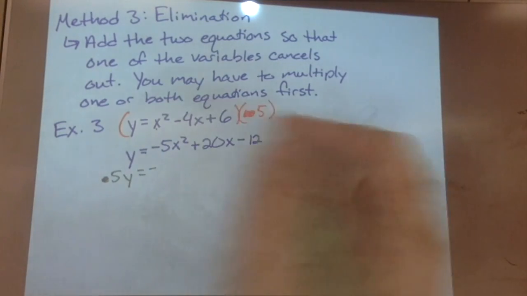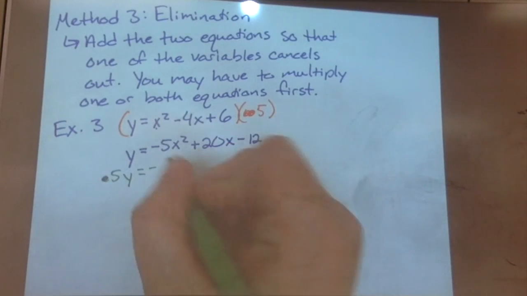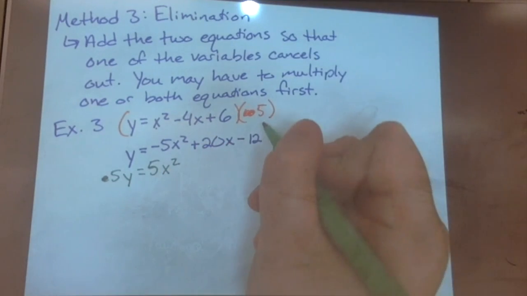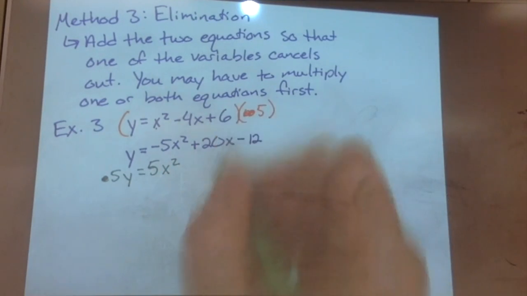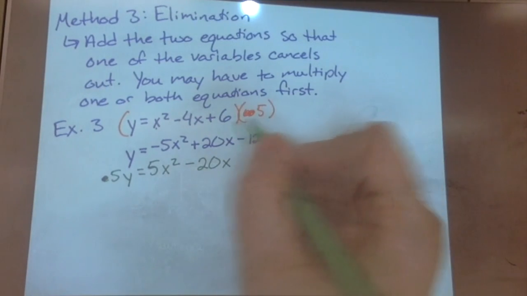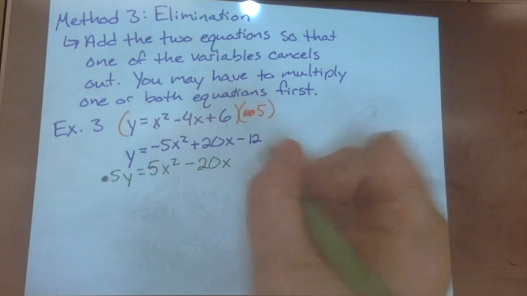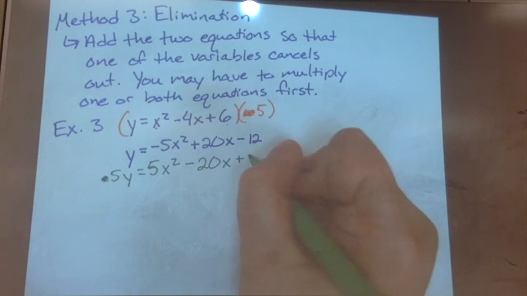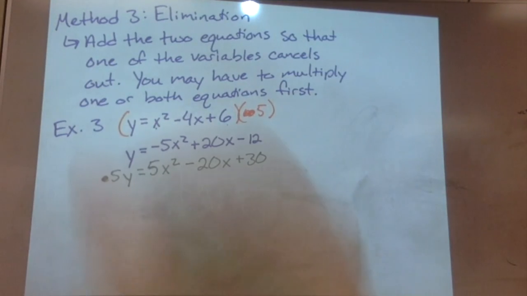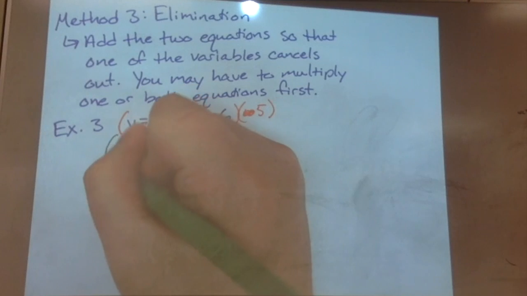So then 5 times x squared is going to be 5x squared. 5 times negative 4x is going to be negative 20x. And 5 times 6 is positive 30, so plus 30. So this is my top equation, just multiplied times 5.